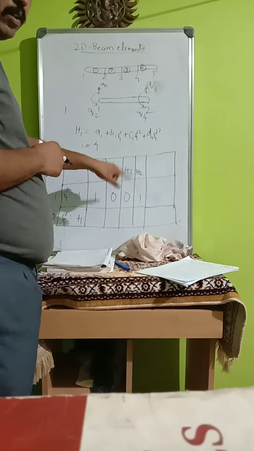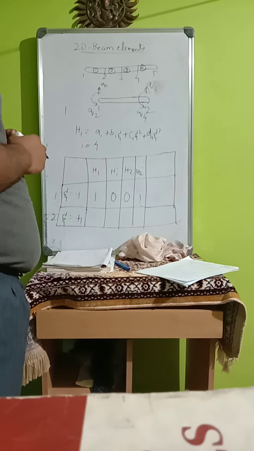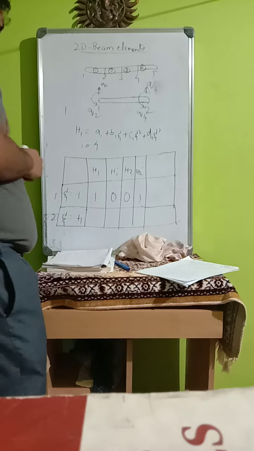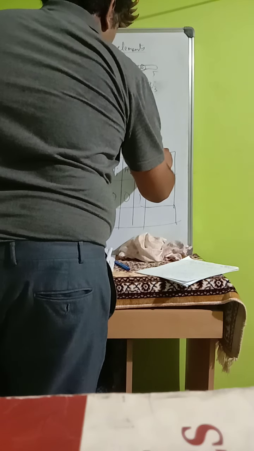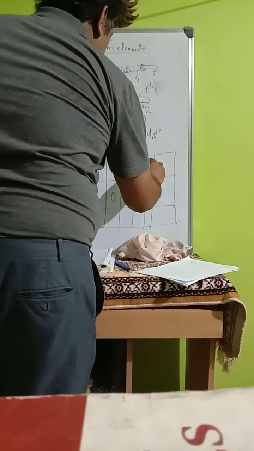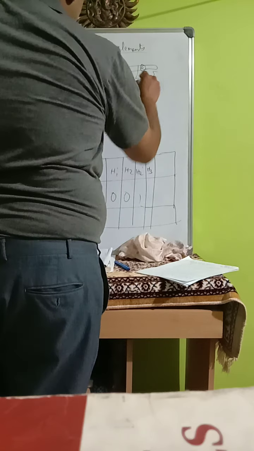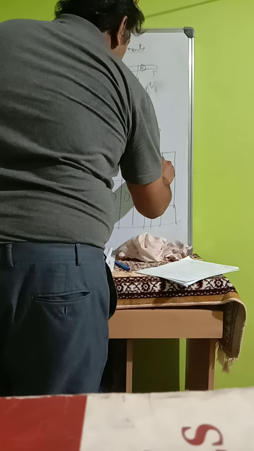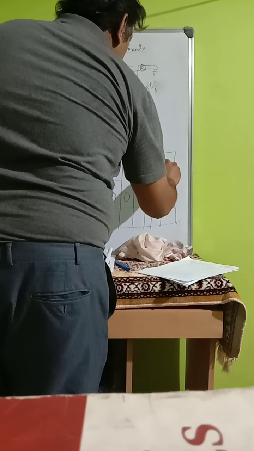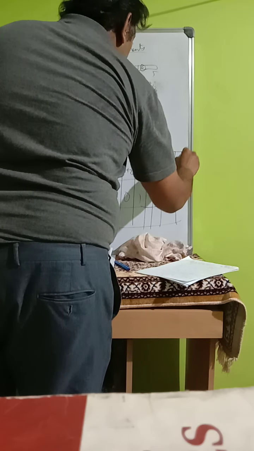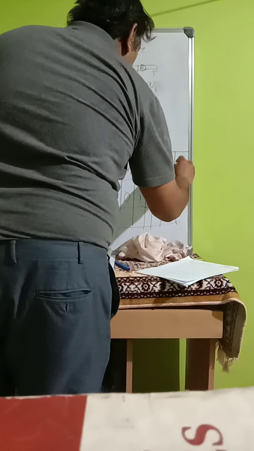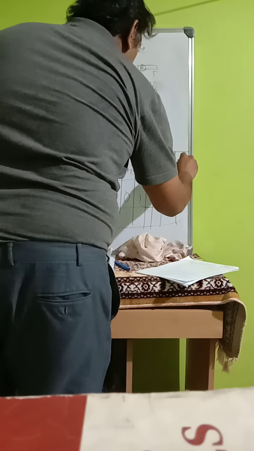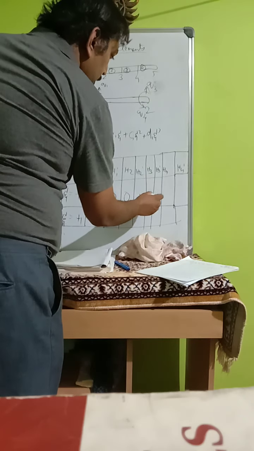And in the other nodes, that is h3 corresponding to q3, h3 dash, h4 and h4 dash, in all the places it will be 0.